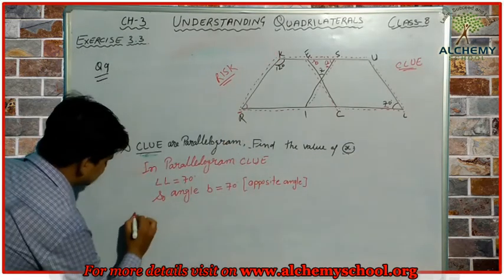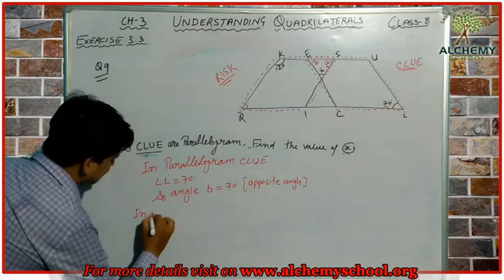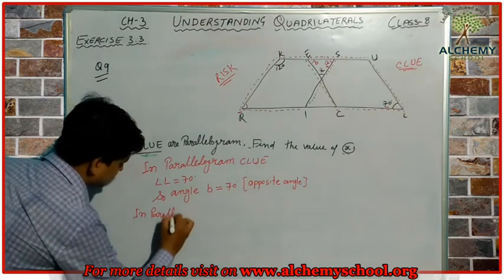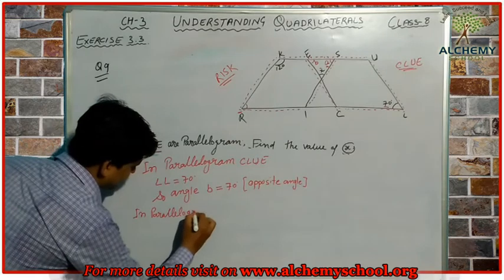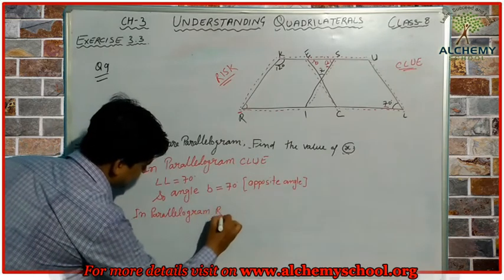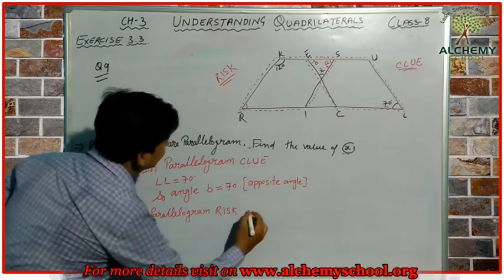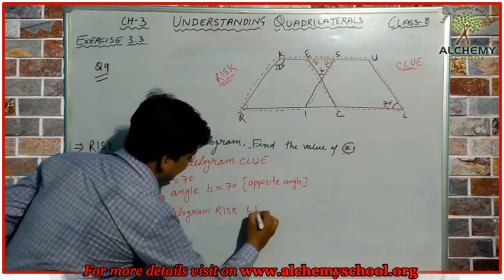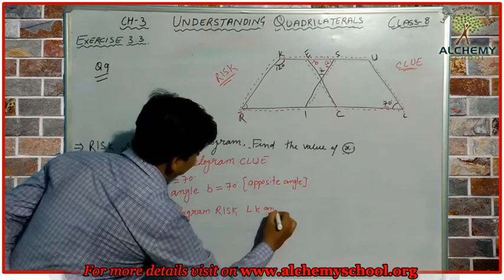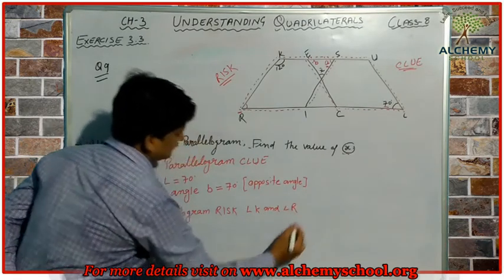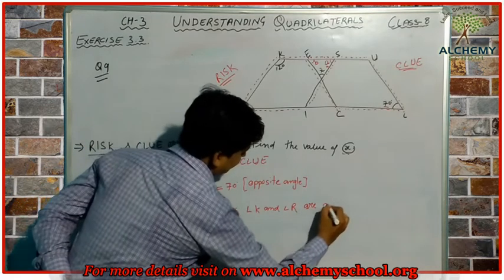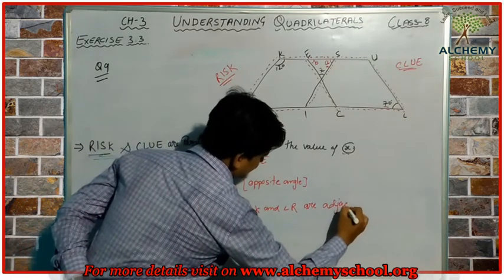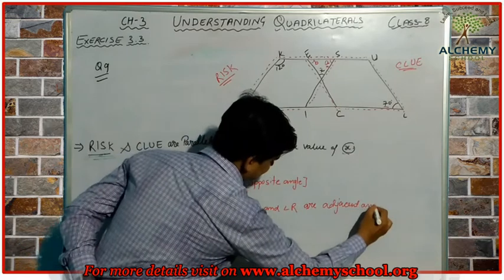So we can write, in parallelogram RISK, angle K and angle R are adjacent angles.